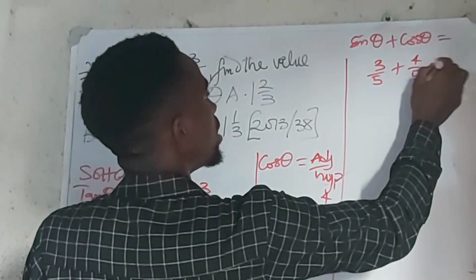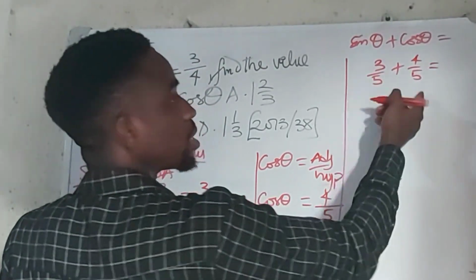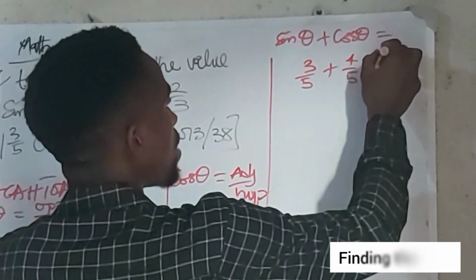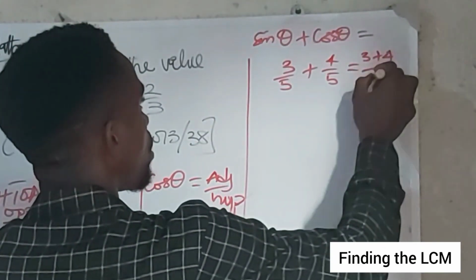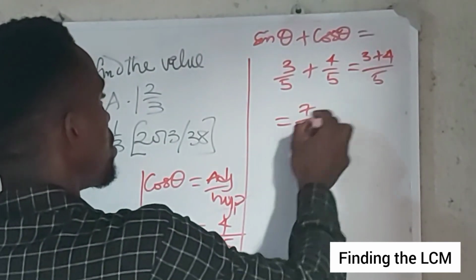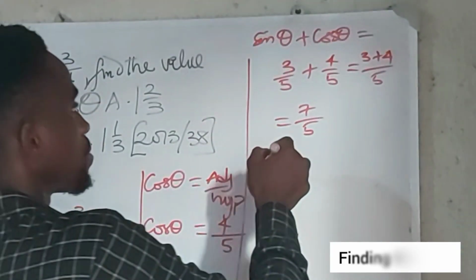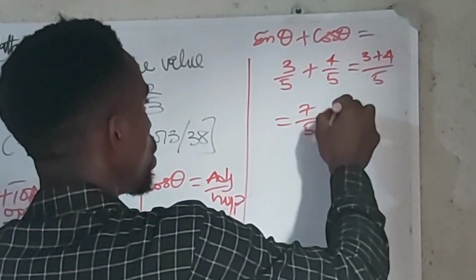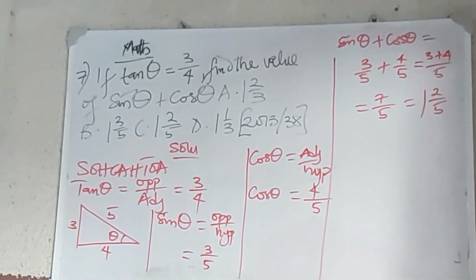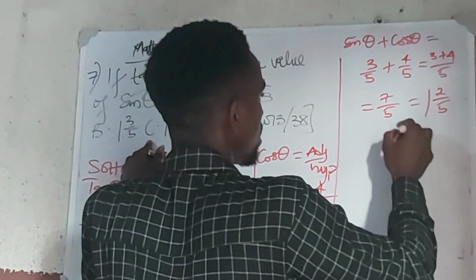And since the denominator is the same, we are going to have 3 plus 4 all upon 5, right? And 3 plus 4 is 7 upon 5. How many times do we have the 5 in 7? That is going to be one whole number, 2 upon 5. So our answer is option C. That's the answer.